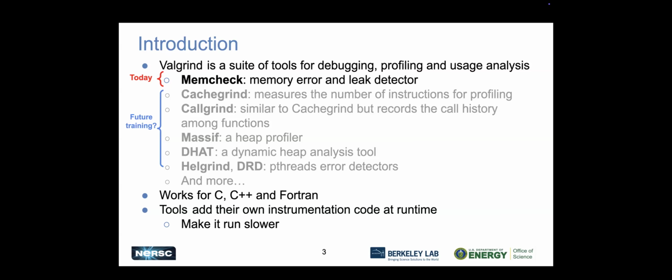Initially, we planned to cover many Valgrind tools, but it turns out that we don't have enough time. So this time, we want to focus on Memcheck, and the others, Cachegrind, Callgrind, Massif, DHAT, Helgrind, and DRD, can be maybe for future training.